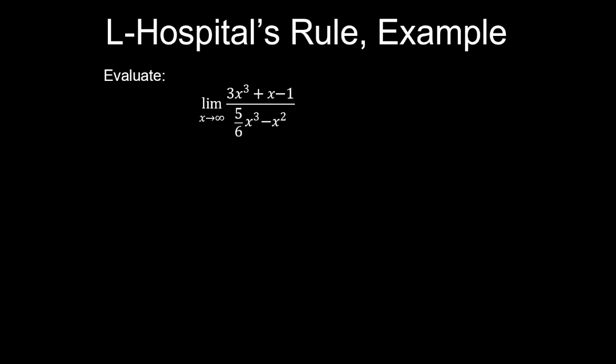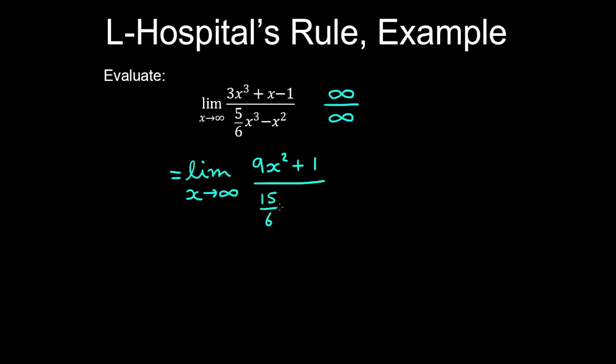So we can see that x goes to infinity in the numerator and denominator. So this is a limit of the indeterminate form infinity on infinity. So we can apply L'Hopital's rule. So differentiating the numerator and differentiating the lower function, so we still have an indeterminate limit of infinity on infinity.